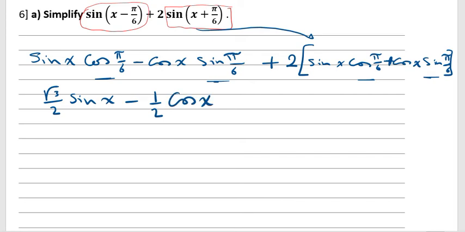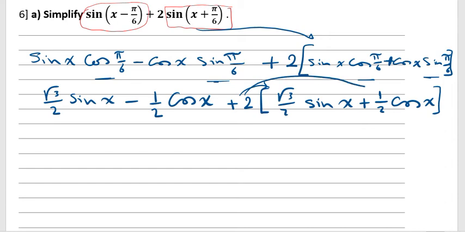Here we are simplifying as we can. Plus 2 multiplied by cosine pi over 6, which equals root 3 over 2, multiplied by sine x, plus sine pi over 6, which equals 1 over 2, multiplied by cosine x.